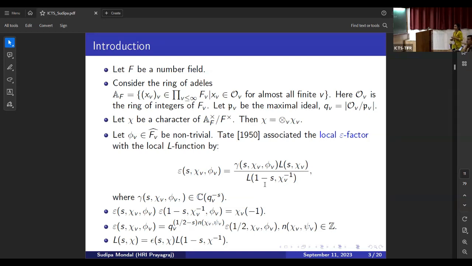It only depends on the Hecke character we have started with. So till now, we have talked about the epsilon factor attached to a one-dimensional representation. This theory was generalized by Godement and Jacquet for any local representation of GL_n for arbitrary n.